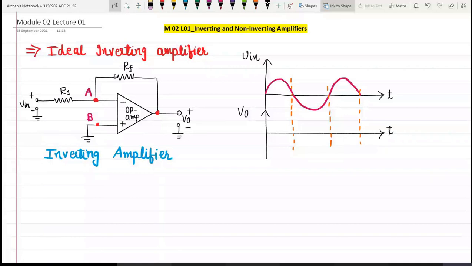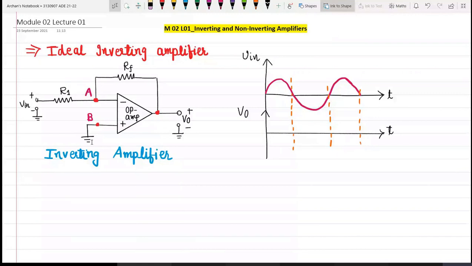In the last lecture, we already went through the ideal inverting amplifier. This is the typical circuit used to represent the ideal inverting amplifier. In this case, we are providing the supply voltage to the inverting terminal, and you can see the non-inverting terminal is grounded. Before we start analyzing any amplifier circuit, we have two realistic assumptions.